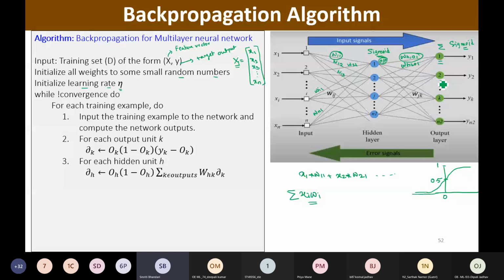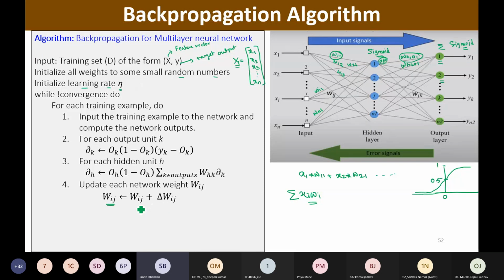I am not going into the derivations. Once we have computed these quantities, we are going to update the network weights. So all those weights are being updated. How am I going to update those weights? Every weight Wij gets updated as Wij plus delta Wij.